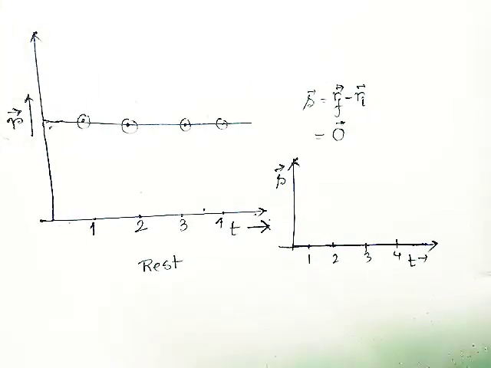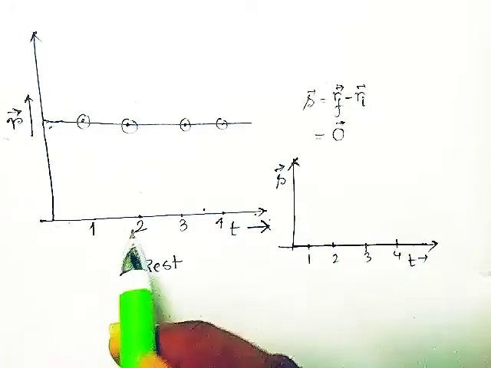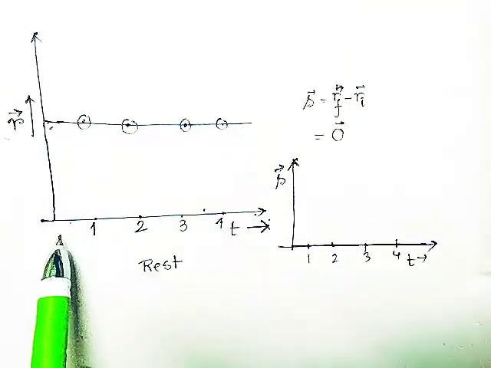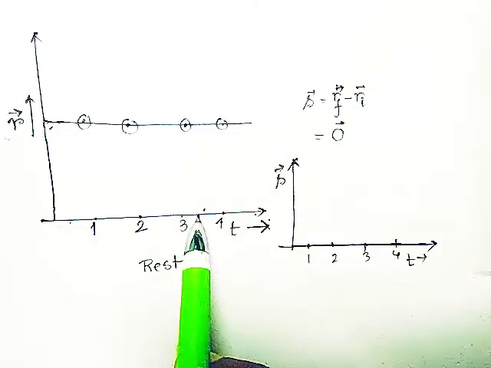So we are basically trying to project the same scenario. In the first graph, we projected the position vector of an object and how it changes with time. We saw it is not changing, and the position vector graph is parallel to the time axis.